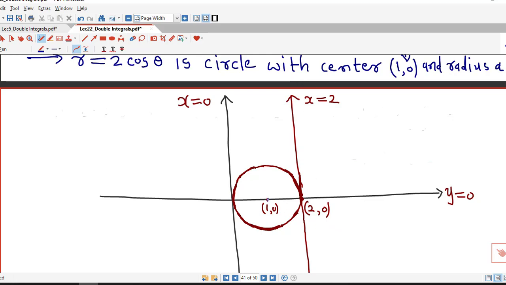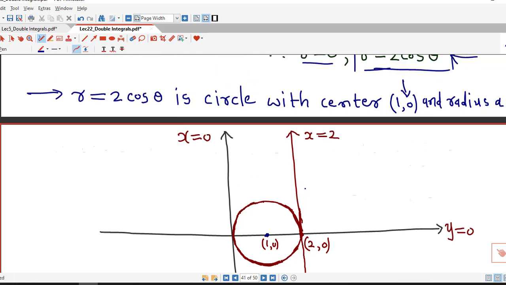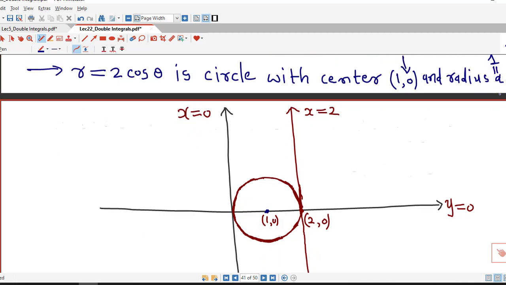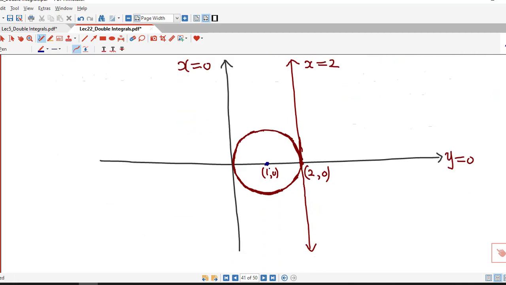It is with center (1, 0) and radius a equal to 1. This is the origin, so this distance is the radius, and x equal to 2 is the line parallel to the y-axis which will intersect the circle at the point (2, 0).